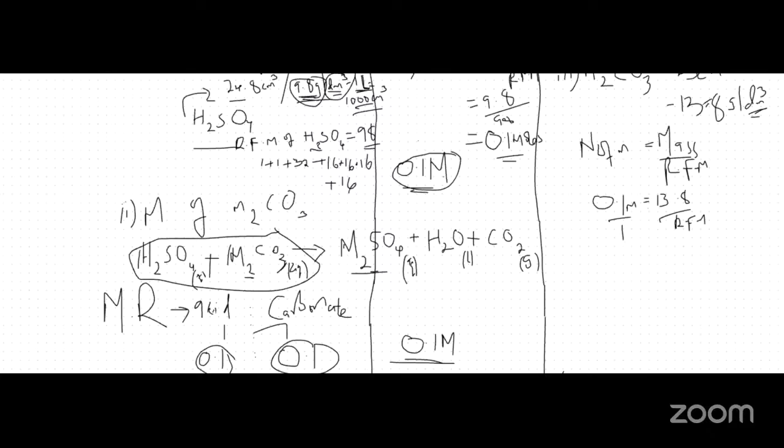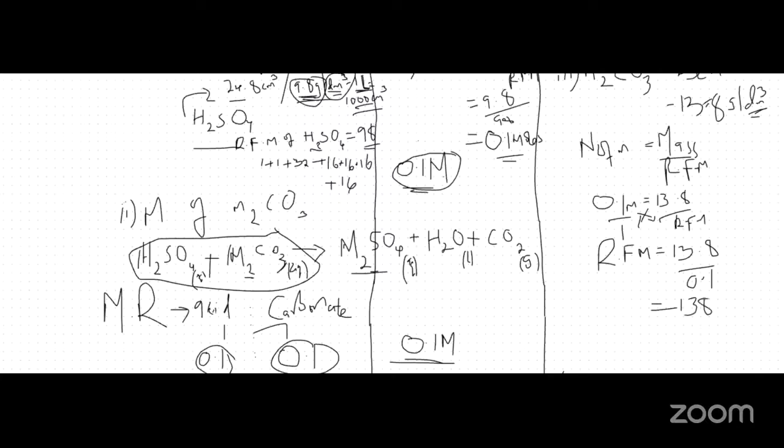So this one is the RFM now. You can use a calculator. RFM is equal to 13.8 over 0.1. I think it should be 138. Yeah, is it 138? Yes, it is 138.